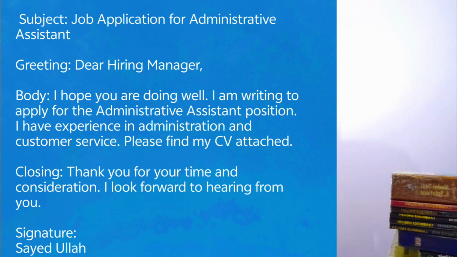First you write the subject, then the greeting, then the body. Body: I hope you are doing well. You can write the paragraph like this. If you have other emails, I am just giving you an example of the body, so you can write like this. And then you write the other parts, the closing.